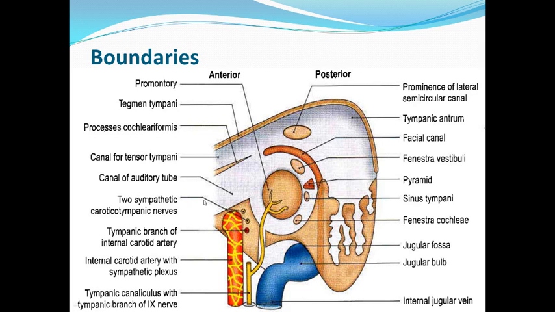The first one is that the tegmen tympani, as you can see, is descending downwards towards the anterior wall. That is the reason this anterior wall is narrow.